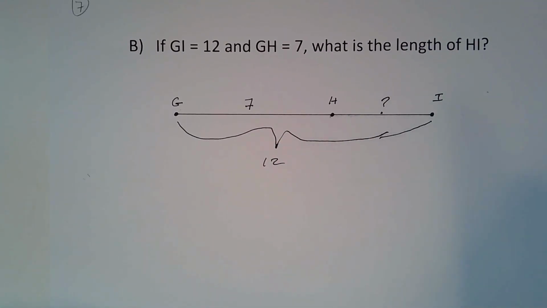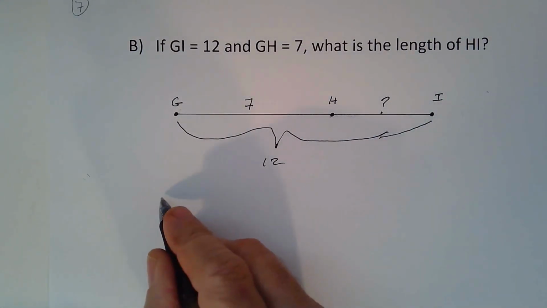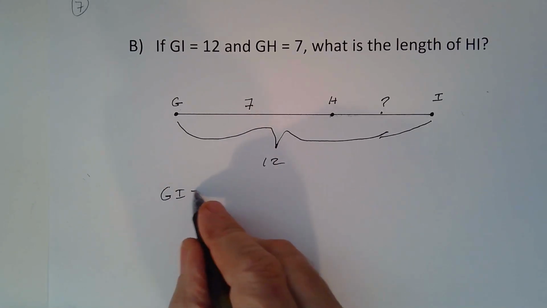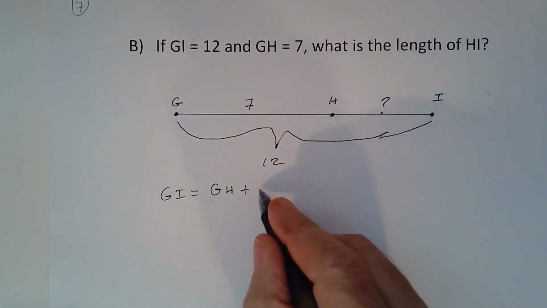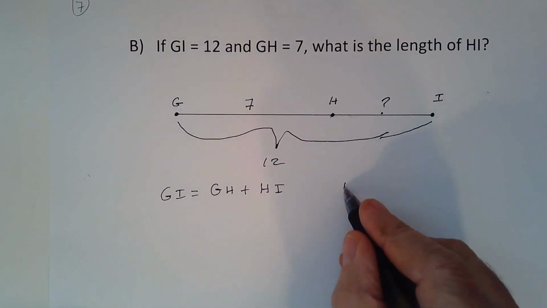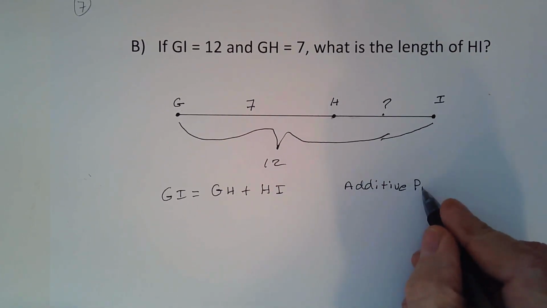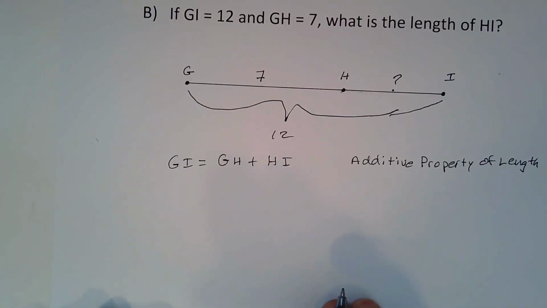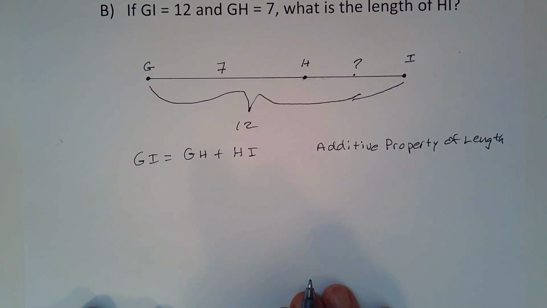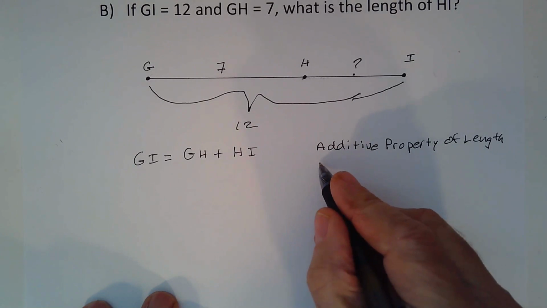All right. So what are we going to do? Same thing we did before. We're going to set up an equation. The whole thing is GI. So GI equals GH plus HI. Again, additive property of length. Now we're going to substitute 7 for GH and 12 for GI.